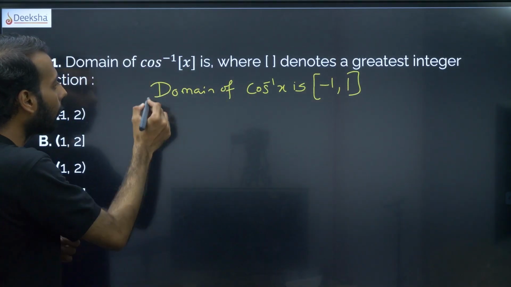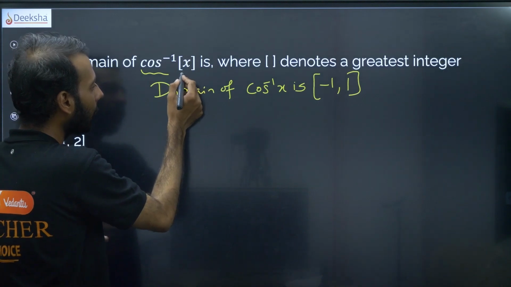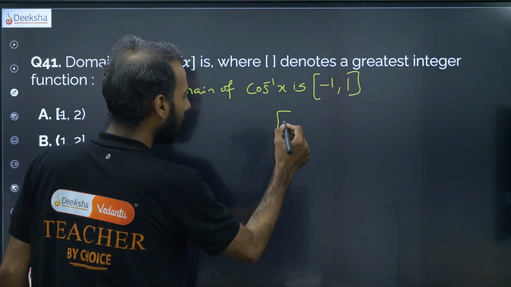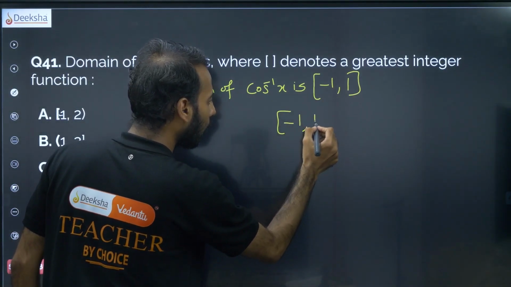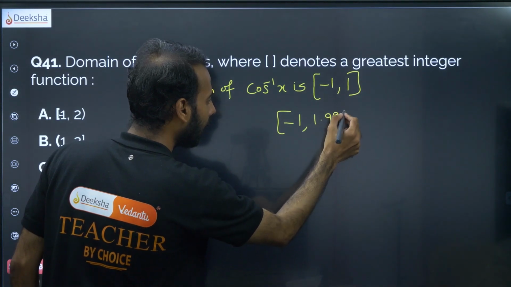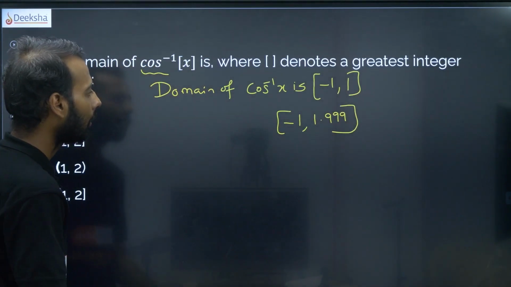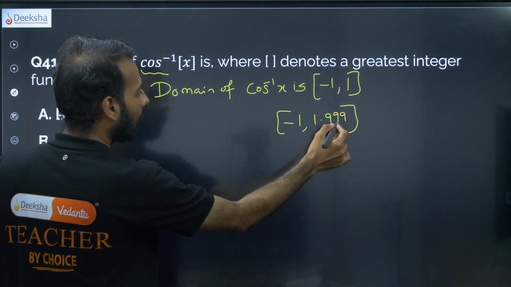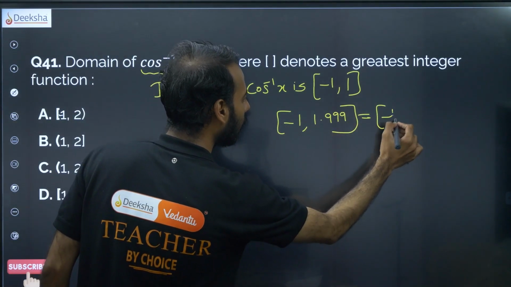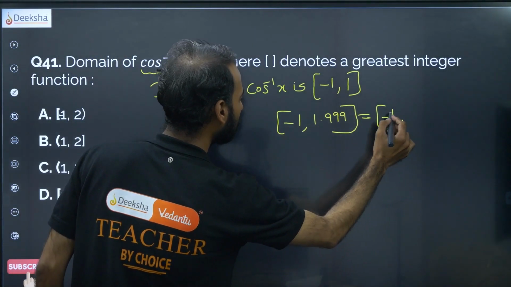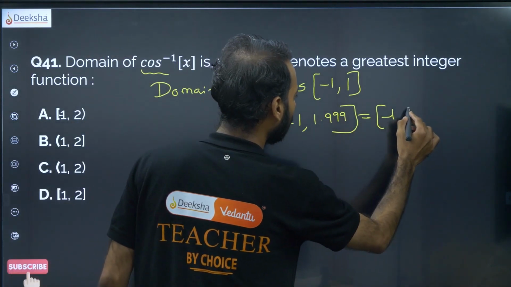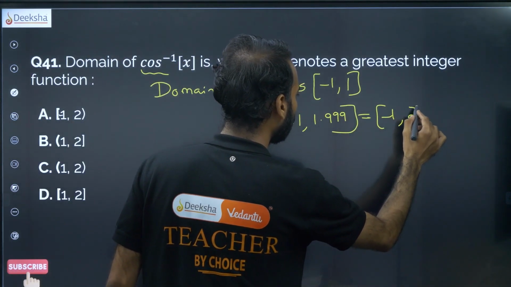But here the domain of cos inverse. So for this, if I write 1.999 also under it, I am going to get minus 1 to 2.